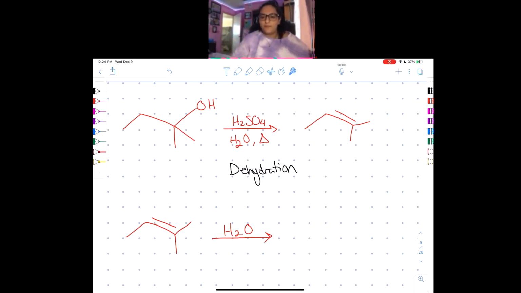But do you guys remember where you would add the OH? Yes, exactly. The more substituted side you would add the OH to, the less substituted side you would add the hydrogen to. Exactly.